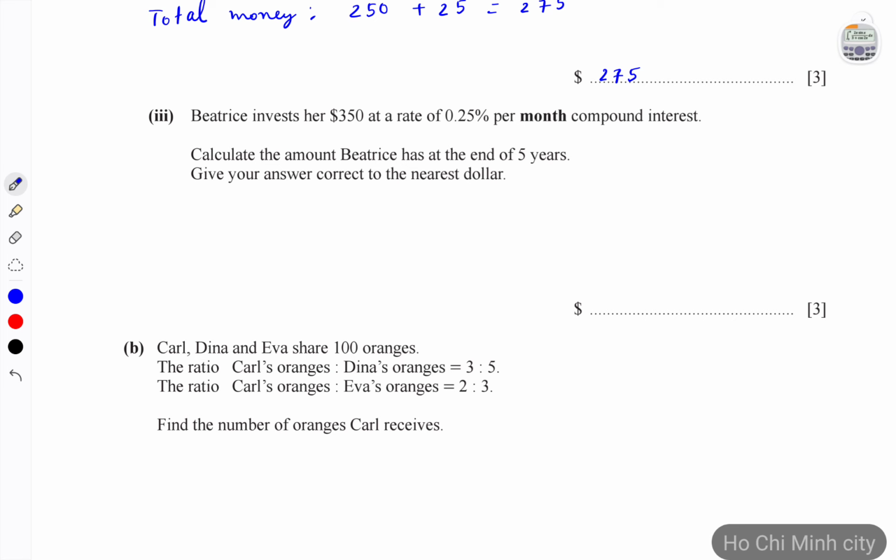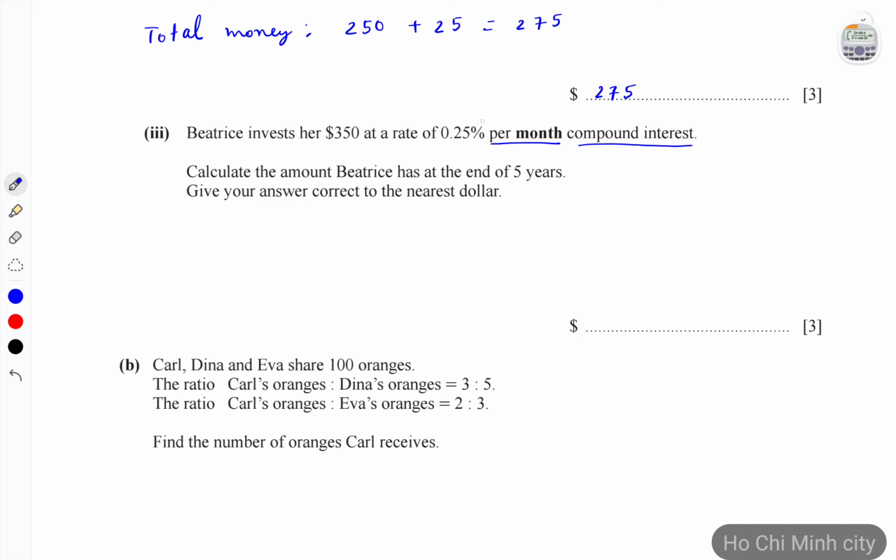The next one, Beatrice invests her $350 at the rate of 0.25% per month compound interest. Calculate the amount Beatrice has at the end of 5 years. All right, so because the rate is in the unit of per month, but the time interval is in years, we need to change the years into months. So 5 years is equivalent to 5 times 12, which is 60 months.